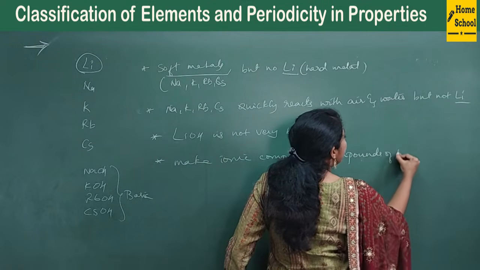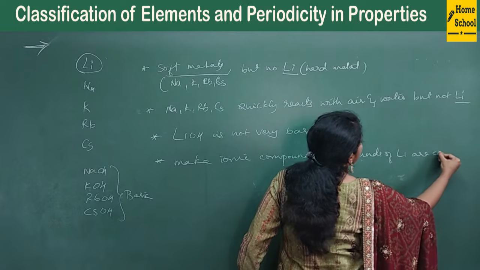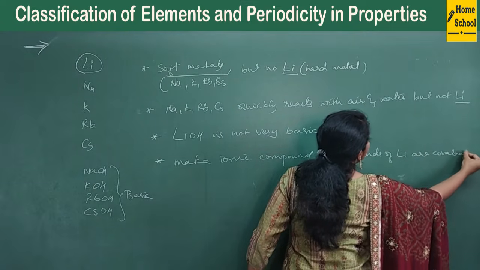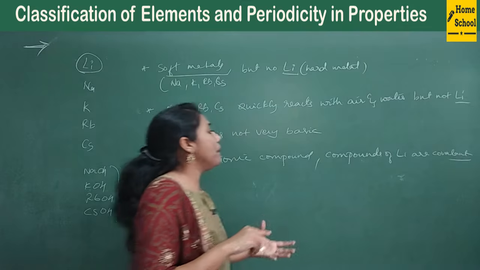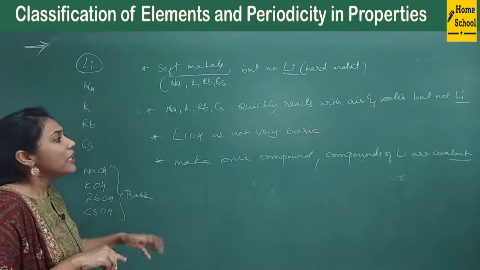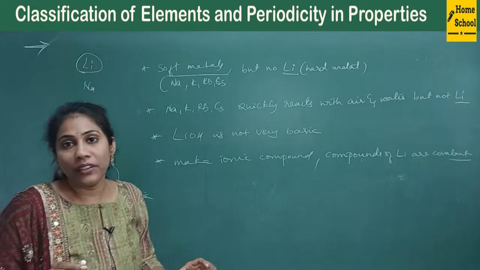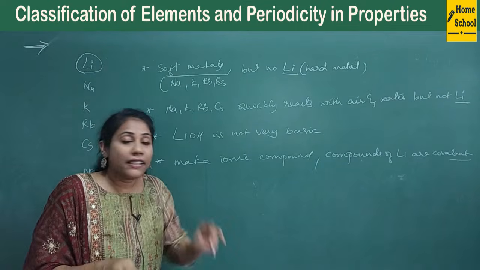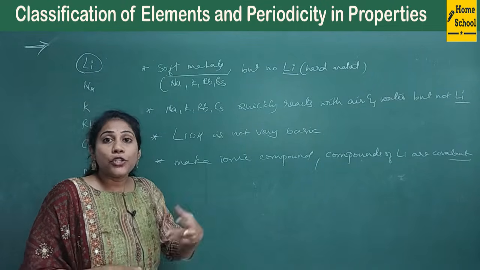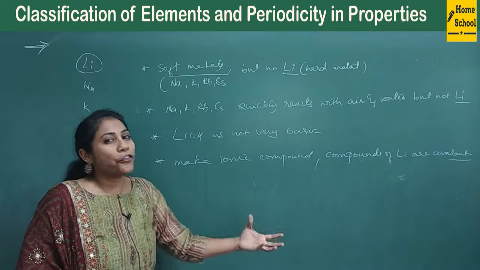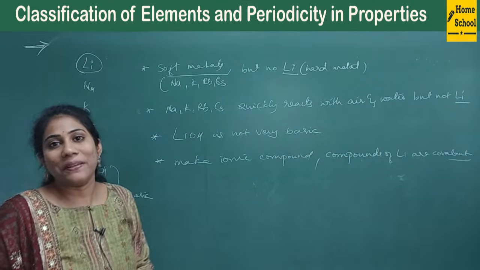So these are some of the different properties shown by lithium. Many properties are different actually. I am showing you only a few, saying that lithium is very much different. So why different? It's because of the four reasons that I mentioned previously.